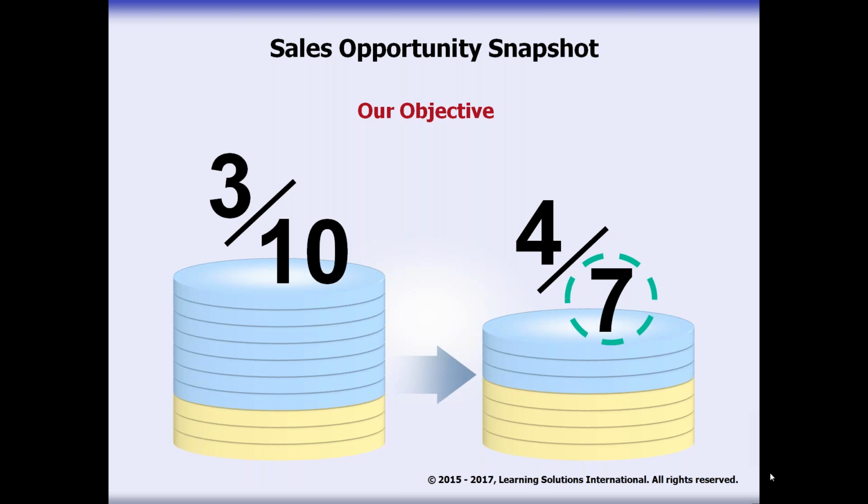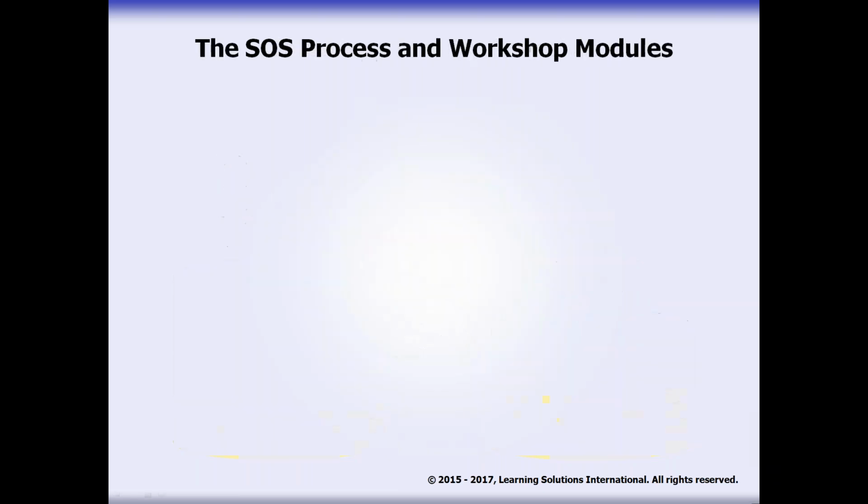Those opportunities where you have no chance of winning, and focus on the 7 opportunities that you have the best chance of closing. So effectively, you're going from a 30% close rate to a 55% close rate, almost doubling your close rate by focusing on those right deals, and that's so important.